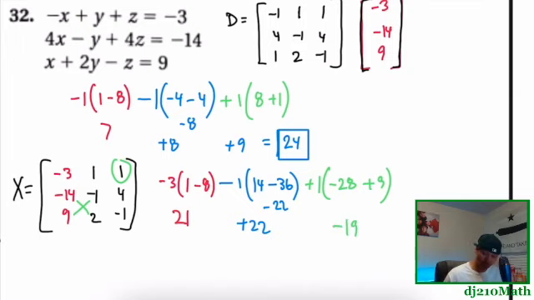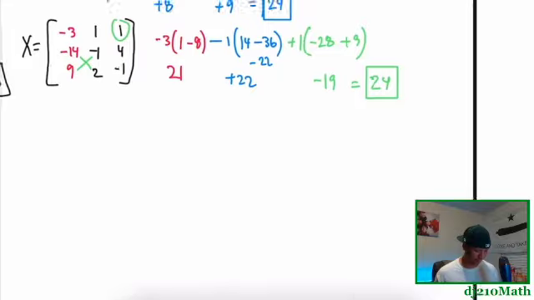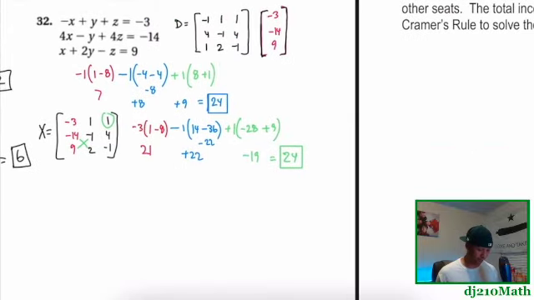So 21 plus 22, 43, minus 19, 24. Okay, that's crazy. We got 2 more to do.